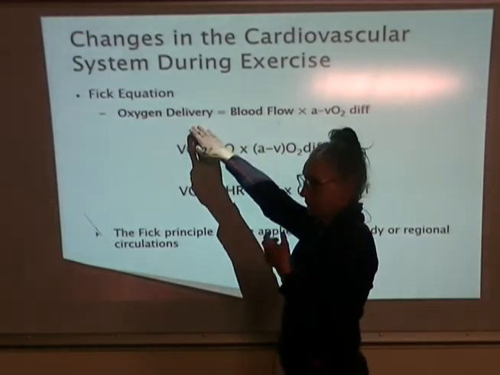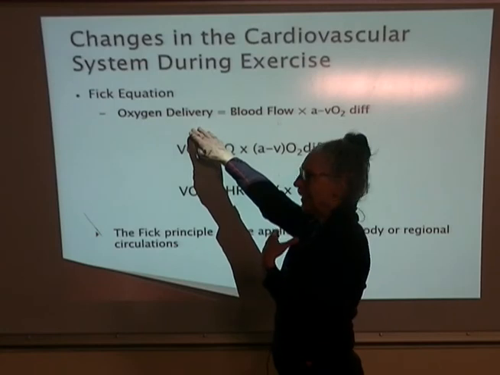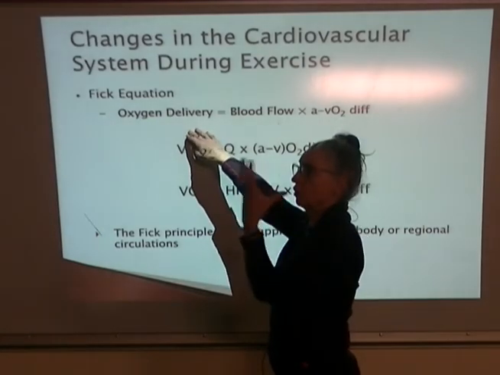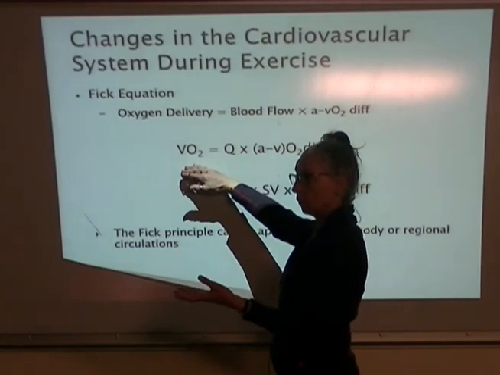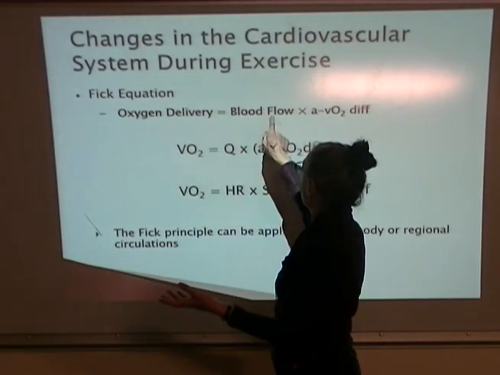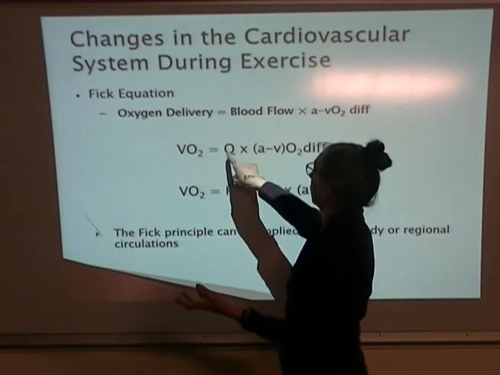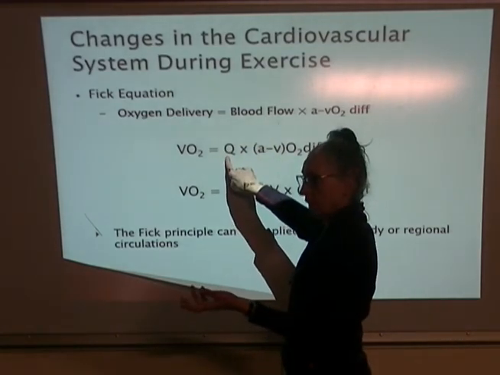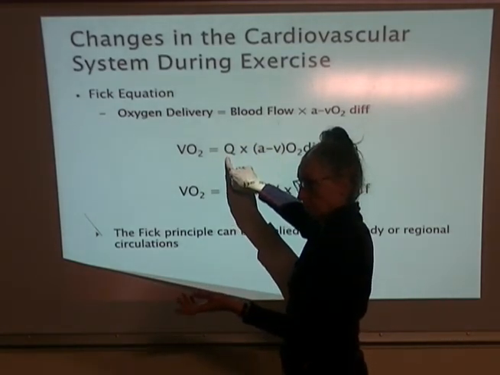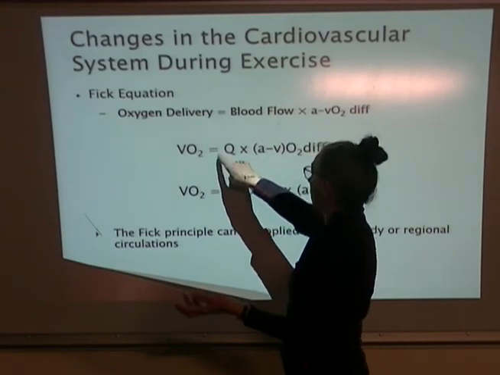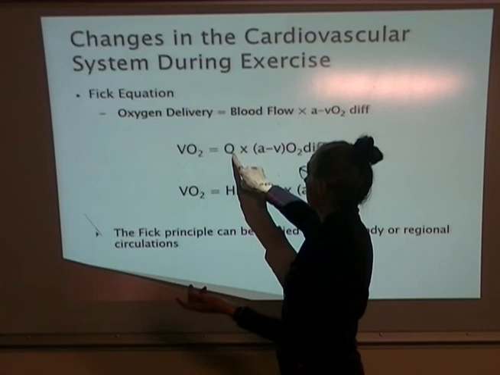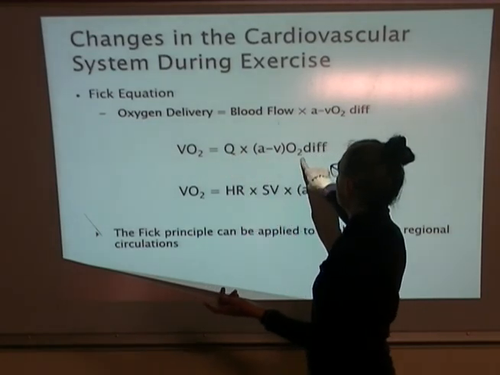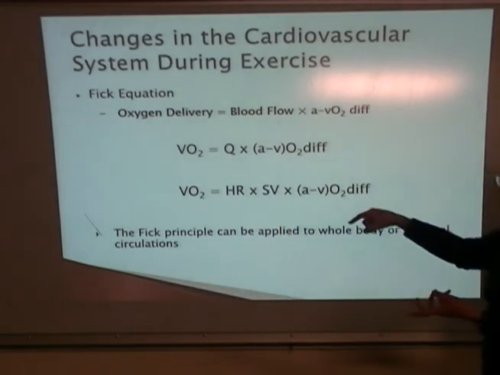Oxygen delivery is another term for oxygen consumption, which we know as VO2. And blood flow is equal to cardiac output. So now we have a measure for VO2 that is cardiac output multiplied by AVO2 difference.